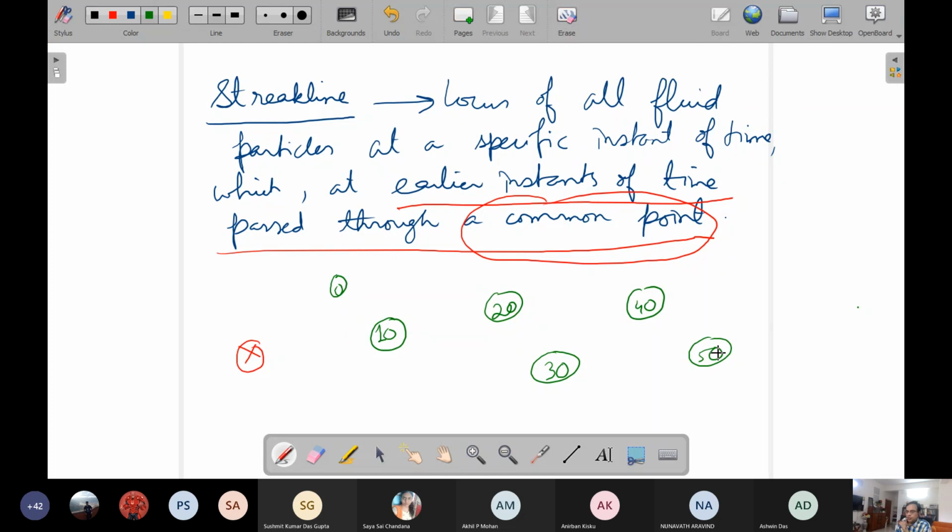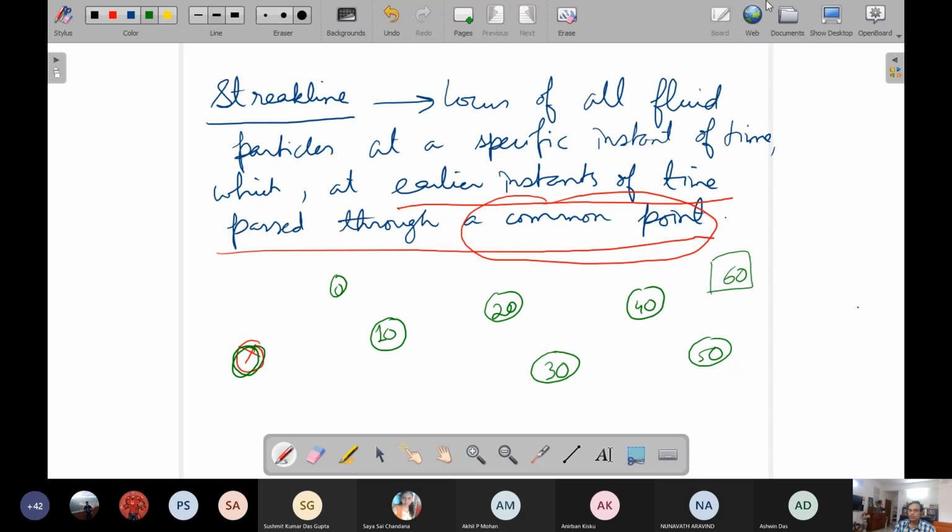At time equal to 60 minutes, the particle is just here, right? Because it is passing through the point. Whatever has passed through that point over the time from 0 to 60 minutes, at 60 minutes itself, it is there only. So these green circles are nothing but markers of those particles now at 60 minutes, which at some earlier times passed through the red cross.